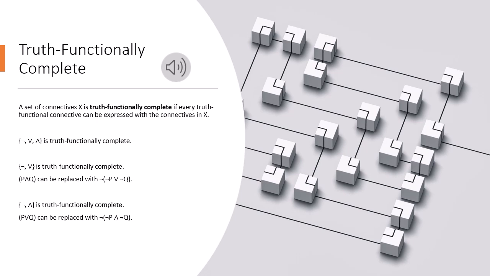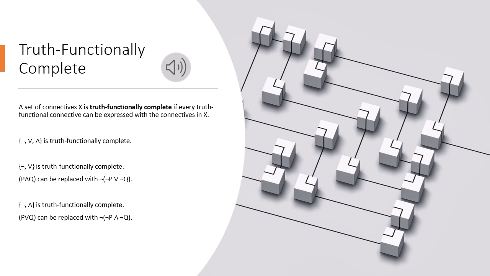Great. So let's now be a little bit more precise and introduce a definition. We'll say that a set of connectives, let's call that set X, is truth functionally complete if every other truth functional connective can be expressed with the connectives inside of that set. As an example, we showed in the previous algorithms that the set consisting of negation, disjunction, and conjunction is truth functionally complete.